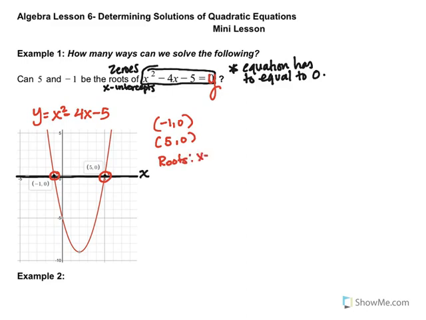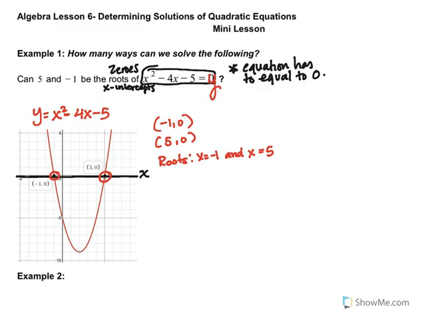So we have x is equal to negative 1 and x is equal to 5, which shows me that what the question is asking is true. It says, can 5 and negative 1 be the roots of this equation? And by looking at the graph, I can definitely prove that they are.